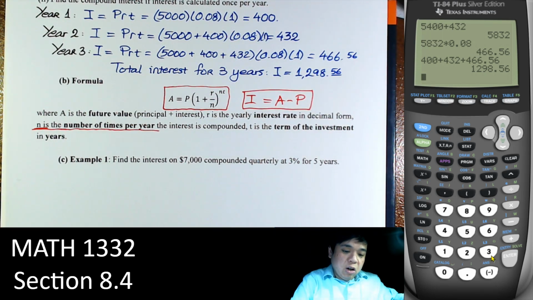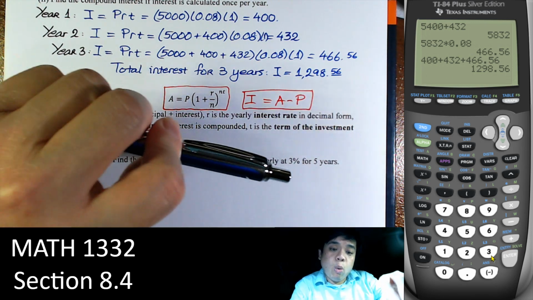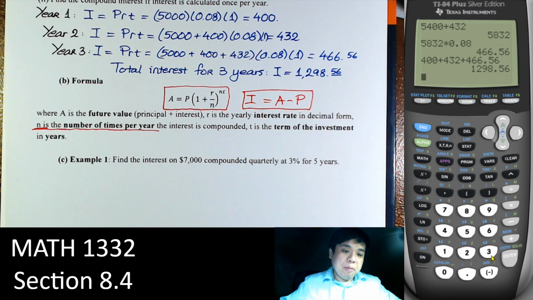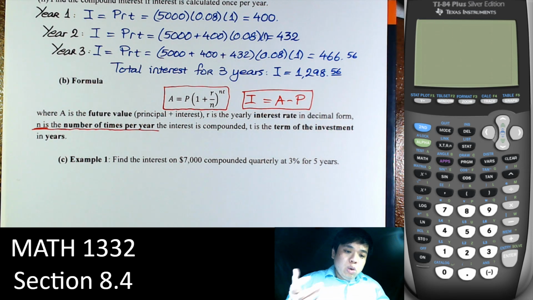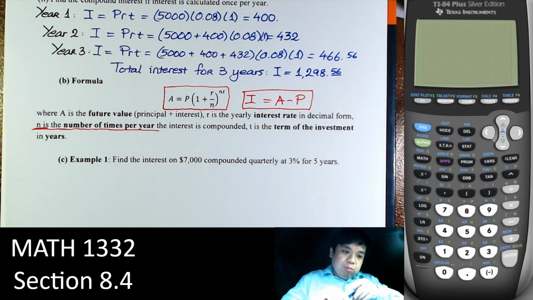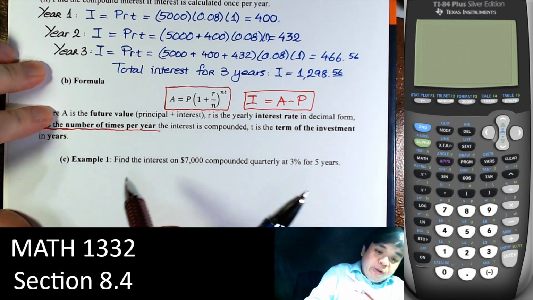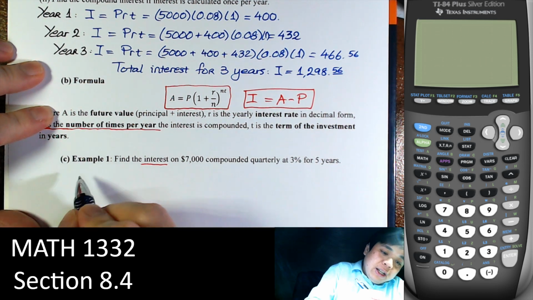Right, now let's look at the first problem. Find the interest of $7,000 compounded quarterly at 3% for 5 years. Write down everything we have. So we write out all the information given here. Find the interest, that's what we're looking for. The 7,000 is the principal.